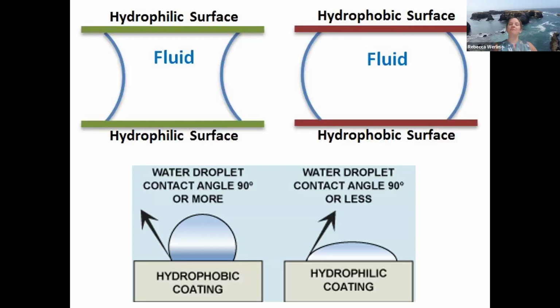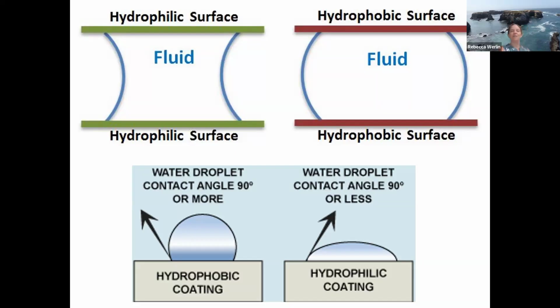And so here you can see with the green lines a hydrophilic surface, a water-loving surface. Fluid wants to spend the most time with it, so you get a concave structure forming. But if you have a hydrophobic surface, it repels water, and water wants to touch it least, and so you get a convex structure.